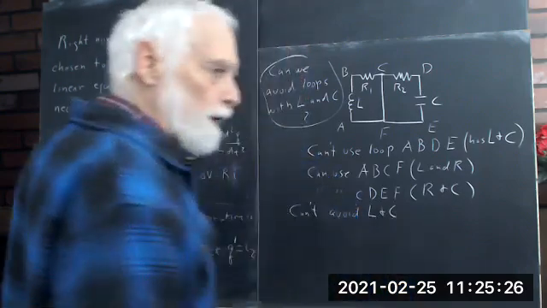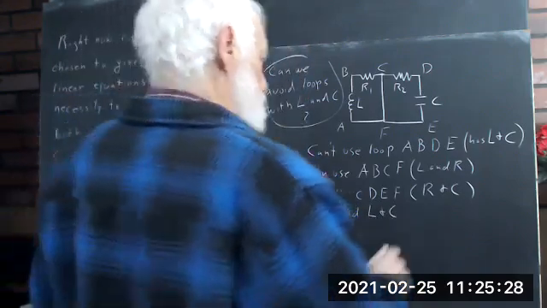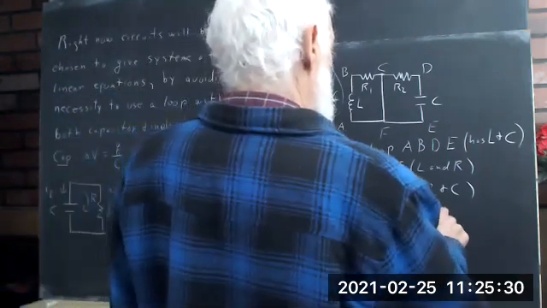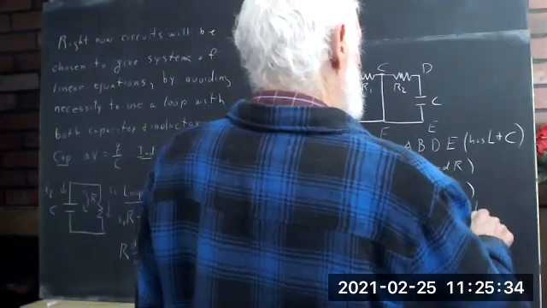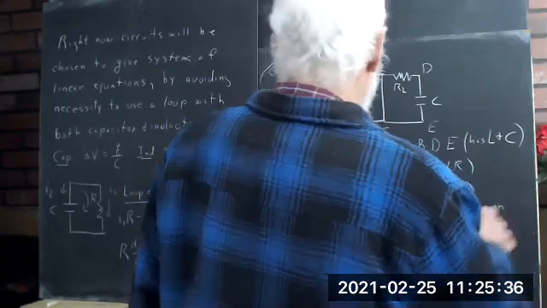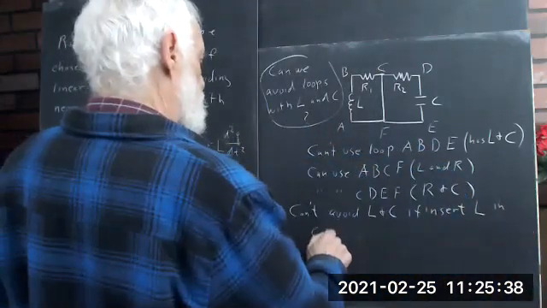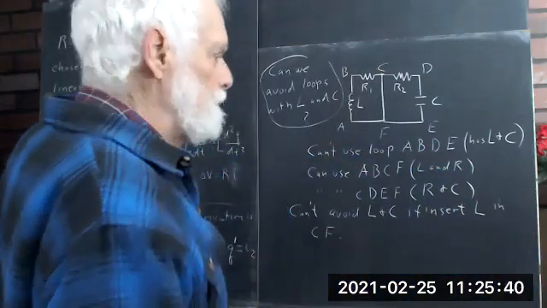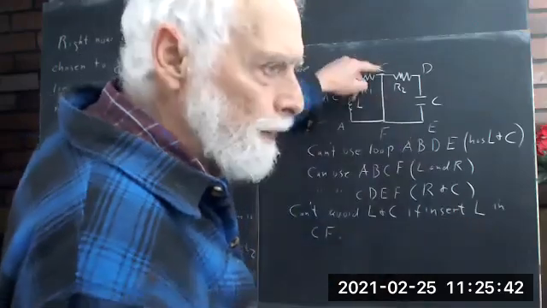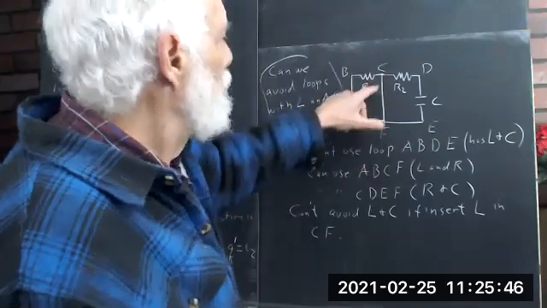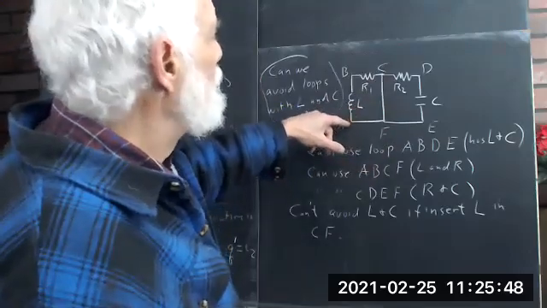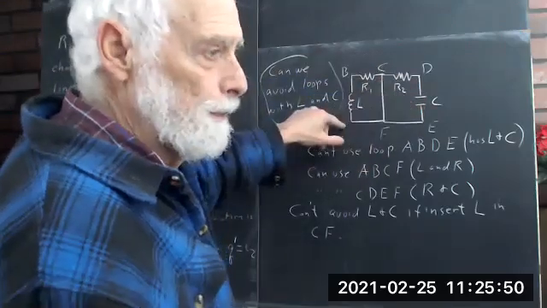We can't avoid L and C if we insert an inductor in CF. So we put an inductor in here, then we have an L and a C in this loop.